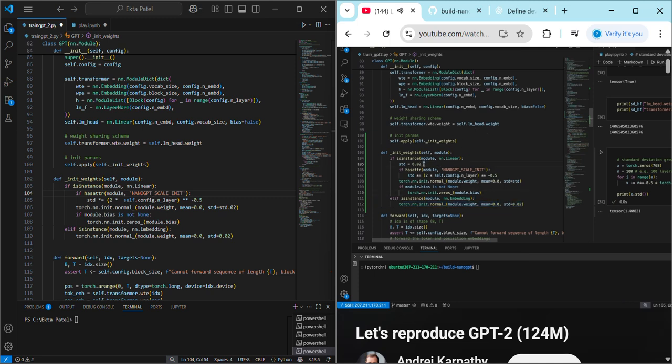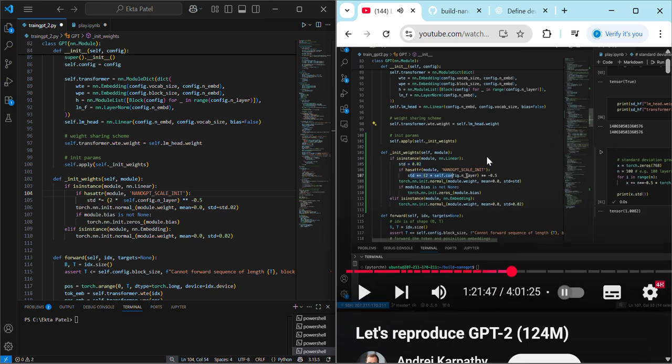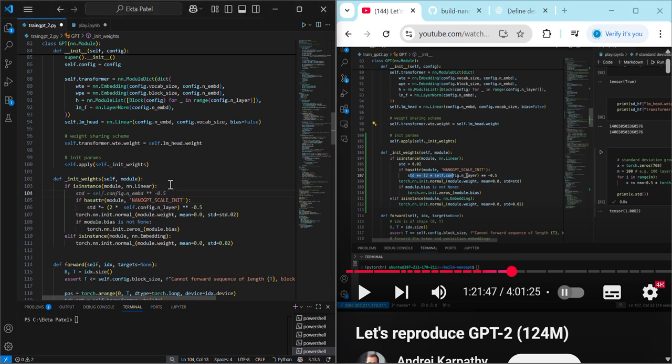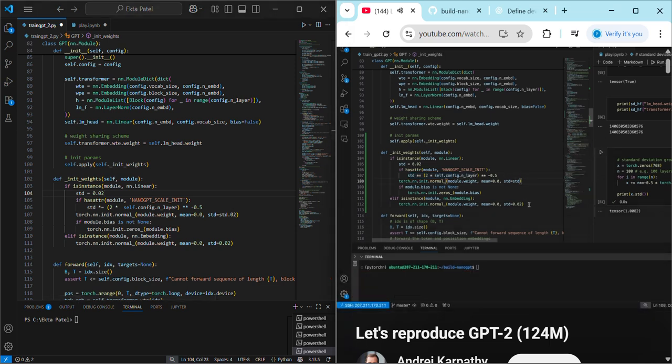And it's going to be 0.02 because the LM head is, of course, not scaled. It's going to be basically initialized twice using the identical same initialization, but that's okay.